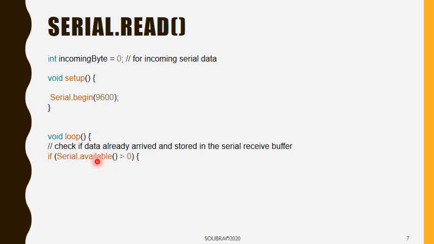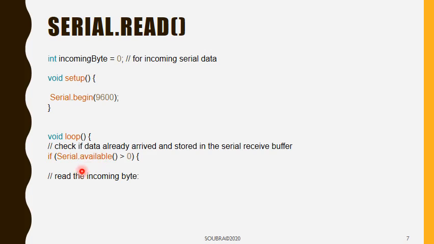Alright, so in my loop, what am I doing? I'm using the available function. It means that I'm going to check if I have some data in my buffer. In this particular condition, I'm checking if I have at least 1 byte of data in my buffer.